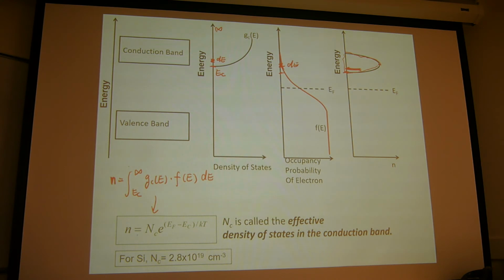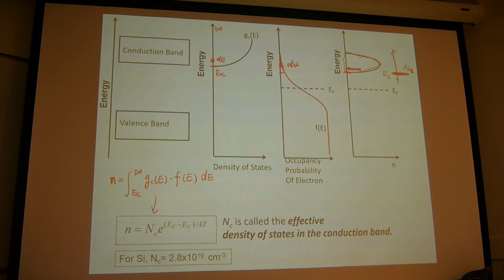So here, electron density equals NC times exponential of EF minus EC over KT. Here NC is called the effective density of states in the conduction band. Conceptually, you think that all the electrons are occupied at the EC level, and then the EC level will have effective density of states NC.